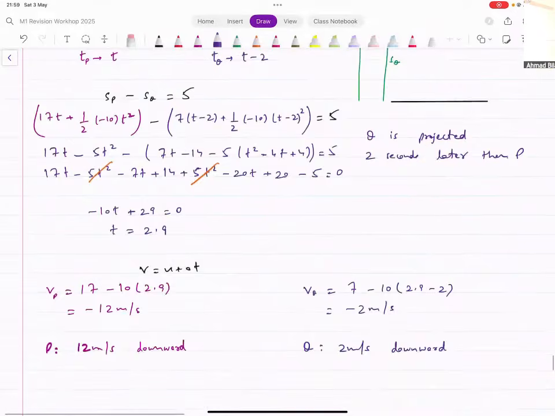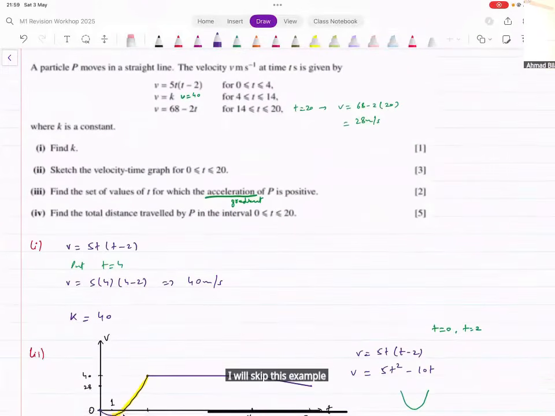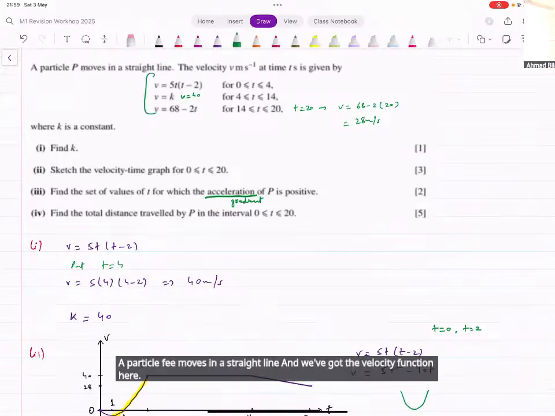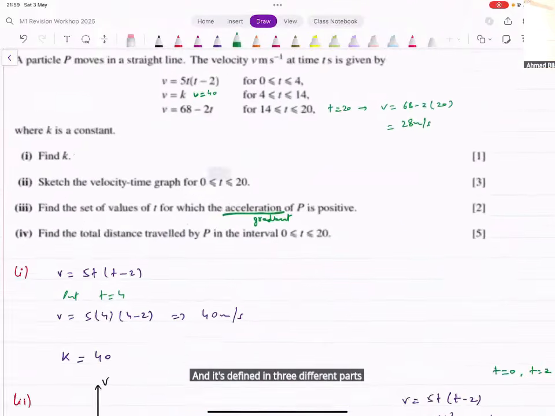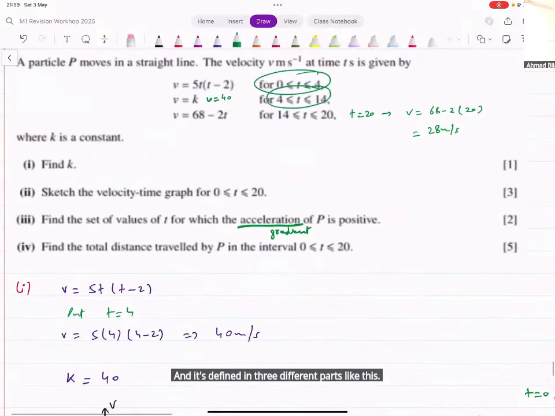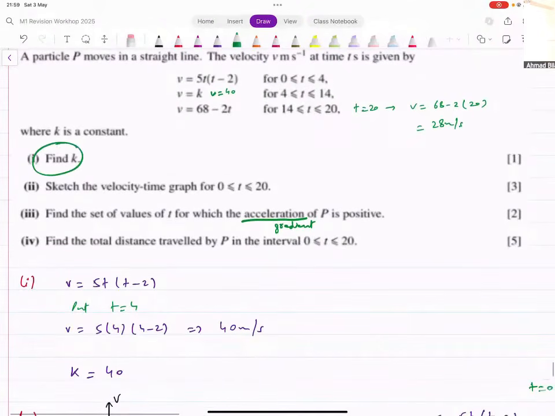I'll skip this example, move on to this one. A particle P moves in a straight line, and we've got the velocity function here. And it's defined in 3 different parts like this: 0 to 4, 4 to 14, 14 to 20. We have to find the value of k first of all.